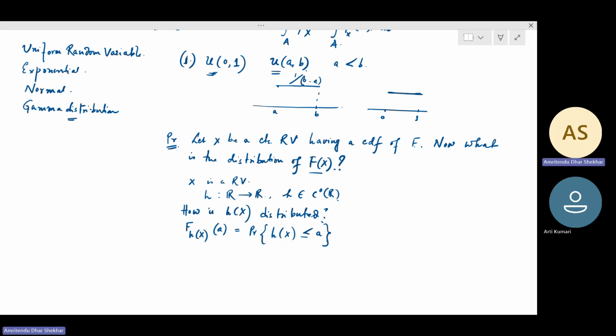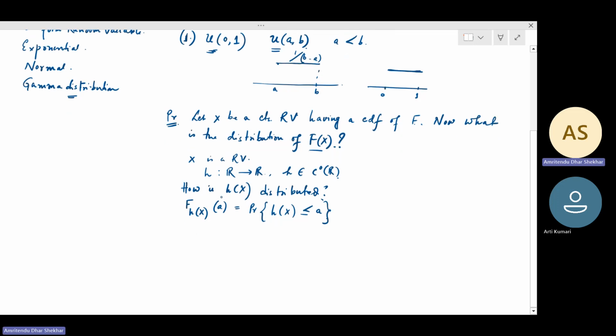And then of course this is equal to the probability of x belonging to the set h inverse of minus infinity comma a. Okay, so this is the sort of theoretical way.